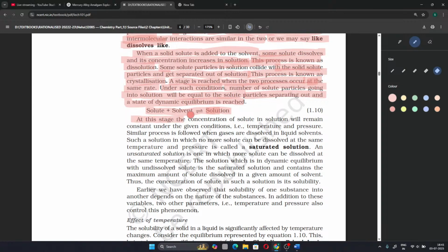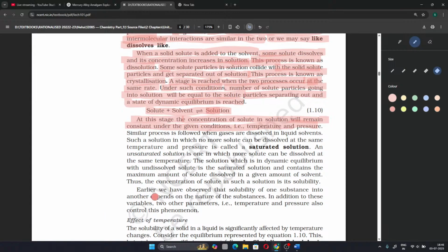This happens due to the collision of the separated out, non-dissolved particles with the dissolved particles. This will bring out dissolved particles, and this will also bring particles to get dissolved. At this stage of dynamic equilibrium, the concentration of solute in the solution will remain constant under the given conditions, that is temperature and pressure.